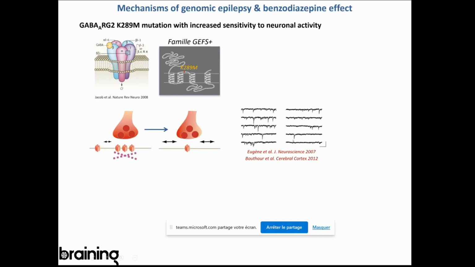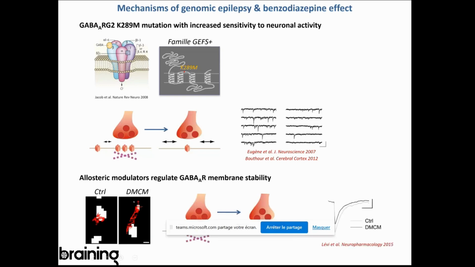iPSC recordings. We also used this technique to study the effect of benzodiazepines, which are allosteric modulators and which are anxiolytic molecules, very famous anxiolytic molecules like Xanax or whatever. And you have different flavors of these benzodiazepines.